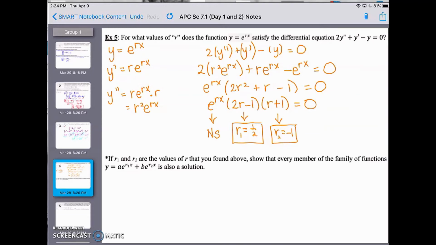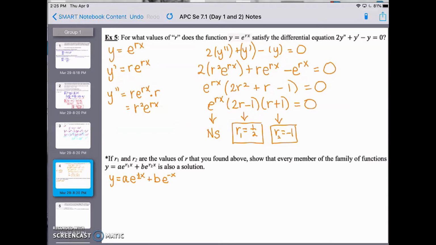So that would mean that my y would be equal to a e to the 1/2 x plus b e to the negative 1x, right? Plugging in my 1/2 for r1 and my negative 1 for r2.